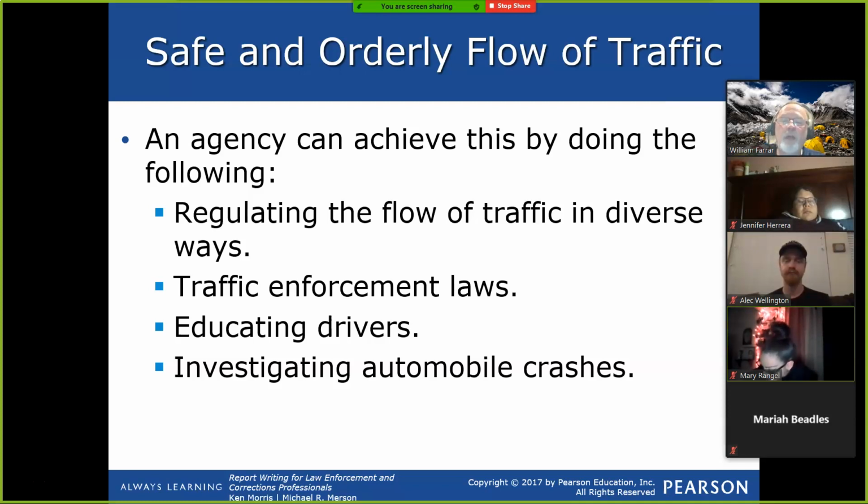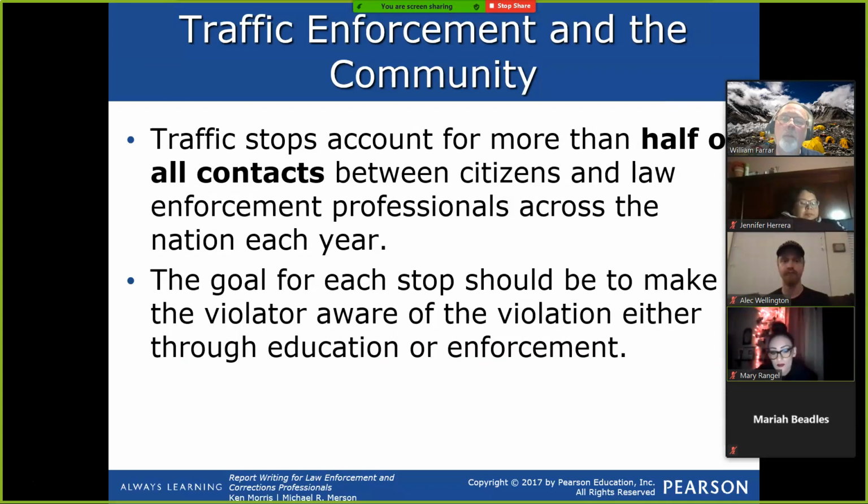Around Thanksgiving, if somebody actually signaled, I remember we would give out turkeys, or certain little prizes if somebody did something correct when they were driving. So there are all different ways that you can do this, but traffic really is an important element of law enforcement.